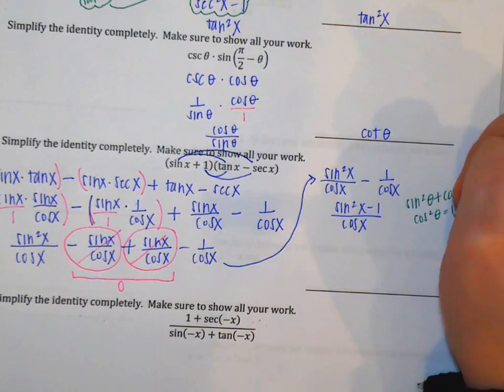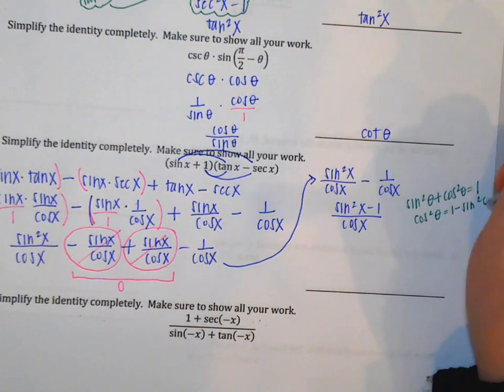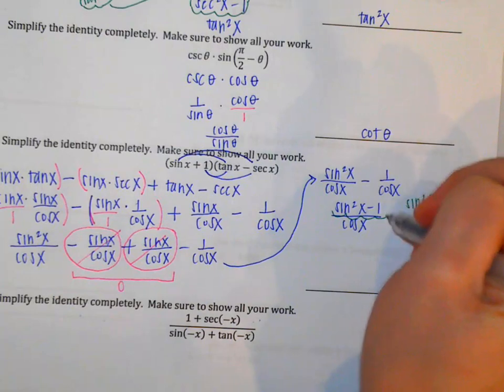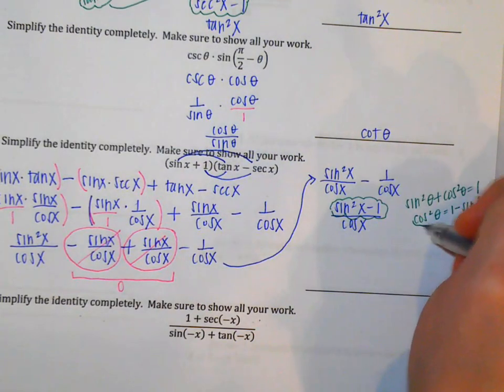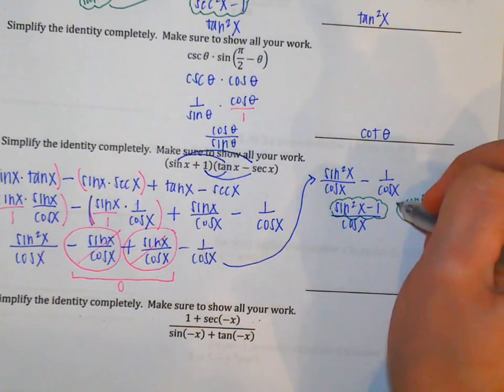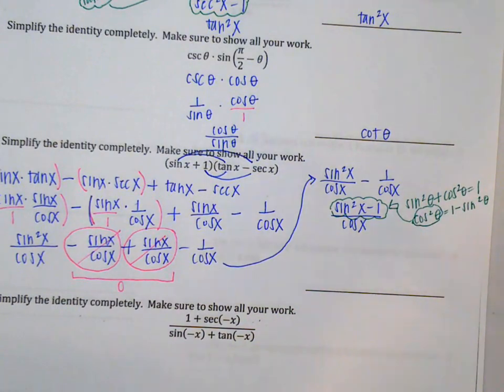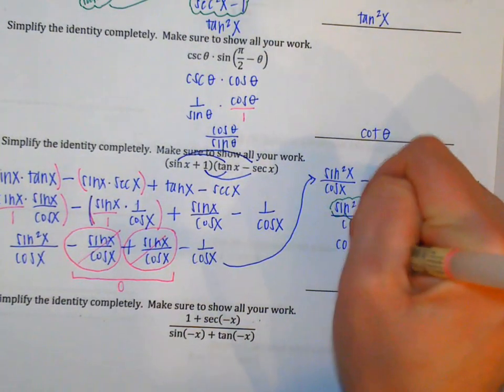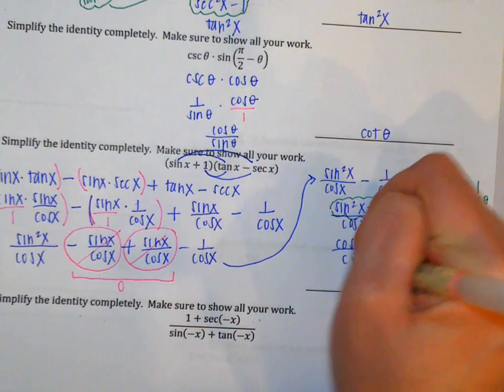And what's going to happen is I can simplify this whole thing to be cosine squared x. And so I have cosine squared x all over cosine.